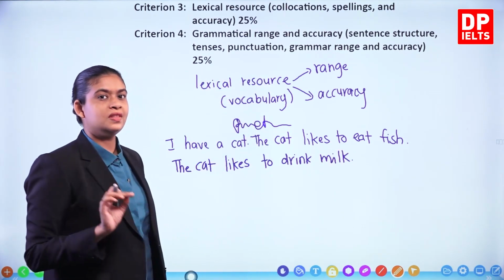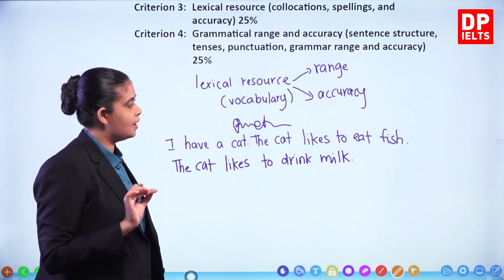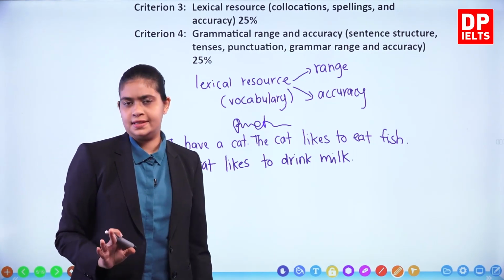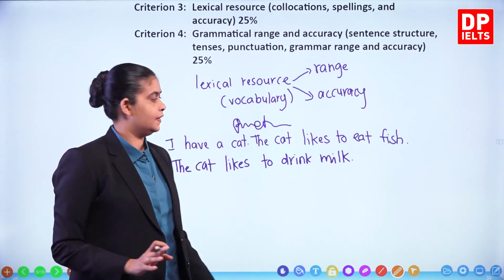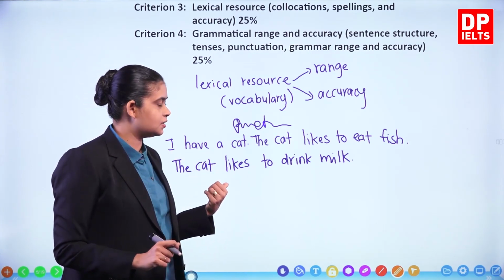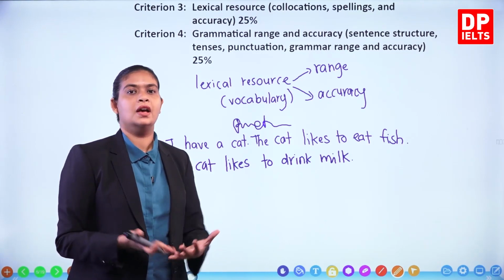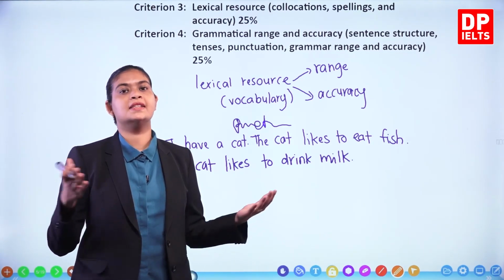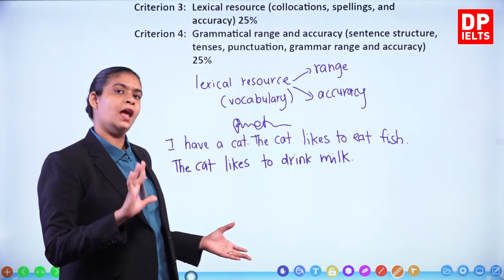Okay, so these sentences are simple sentences, right? There is one subject, one verb, a completed thought. It is a simple sentence.